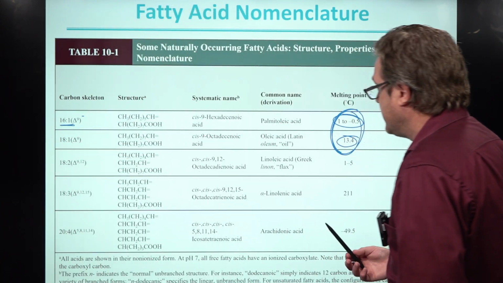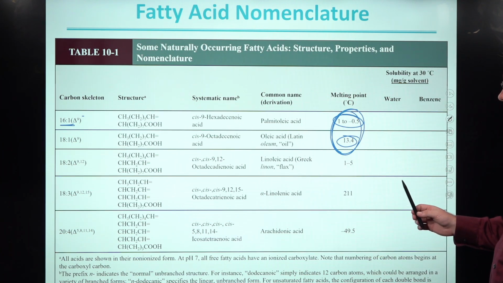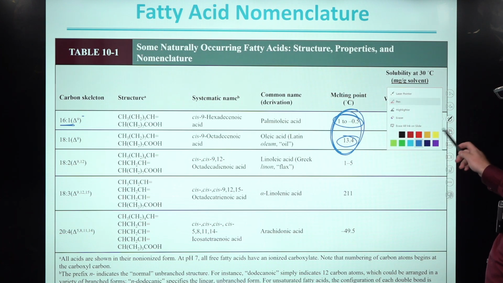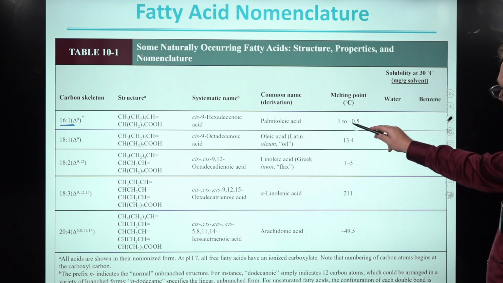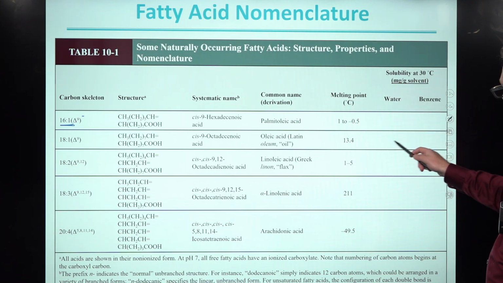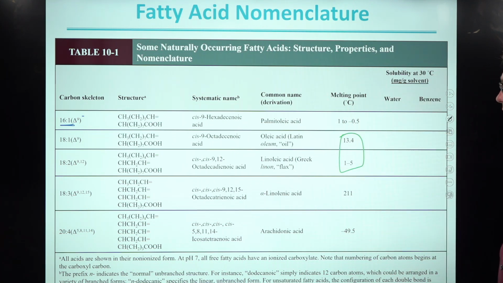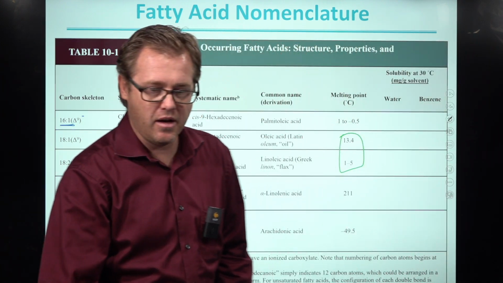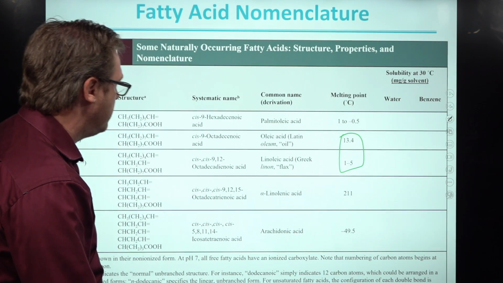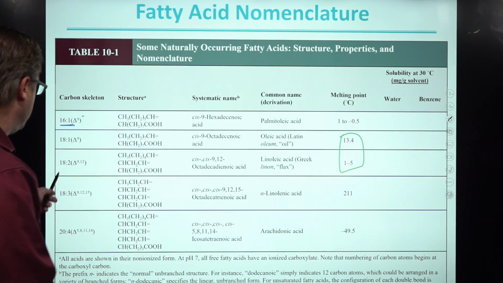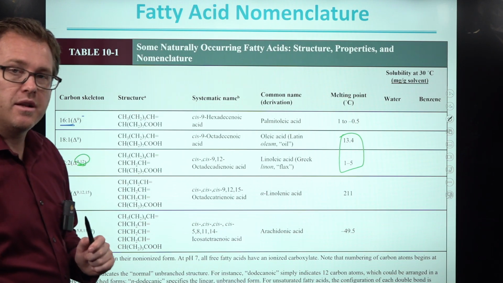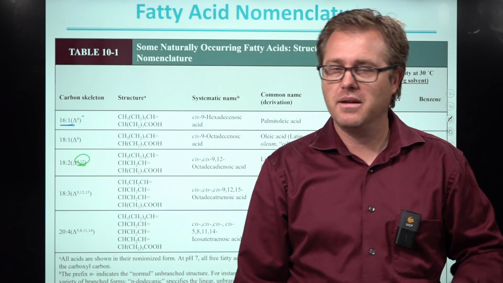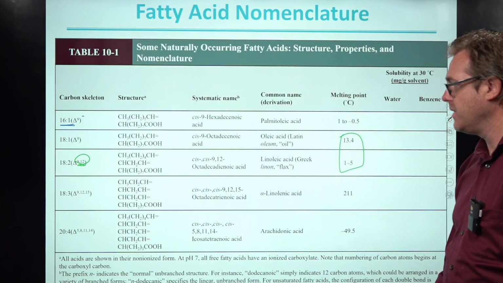Now you can see here, when you compare these two numbers, why did we go down in temperature? Why did we go from 13 all the way to 1 to 5? Because we have added another double bond. More double bonds decreases the melting temp.